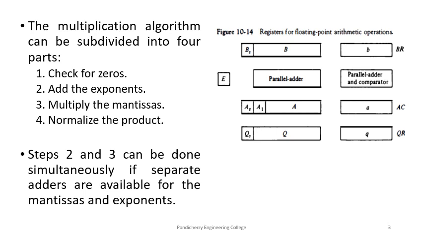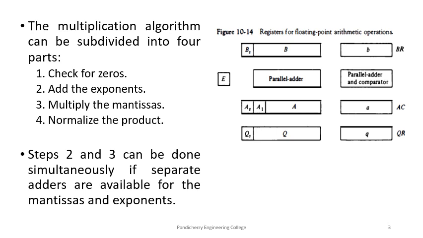If both the multiplicand and multiplier are not zeros, then we can go for adding the exponents and multiplying the mantissas. These step 2 and step 3 can be done in parallel if we have more than one adder. That is, for the exponent part, if we have a separate adder, as we have seen in the register arrangement earlier, we can do these steps simultaneously.